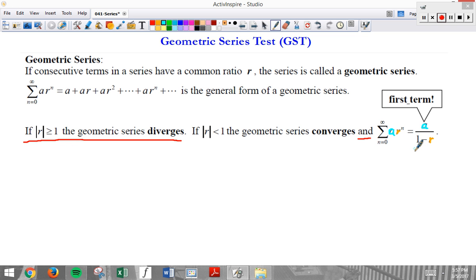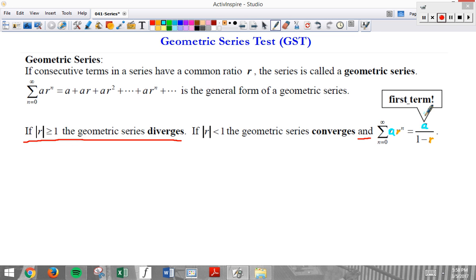Here's r, here's the first term. 1 is just a number, it's just part of the formula. Yes, you need to have this memorized. I cannot emphasize enough how important this is. This basically says I can turn a number into a series. 7.4, wait for it, will turn a function into a series using this formula.